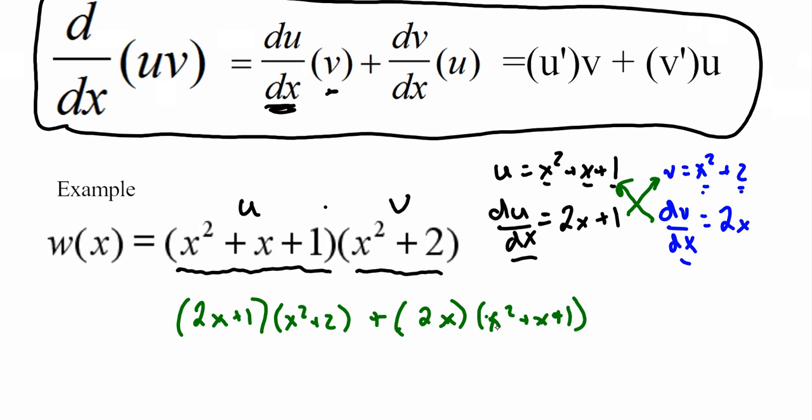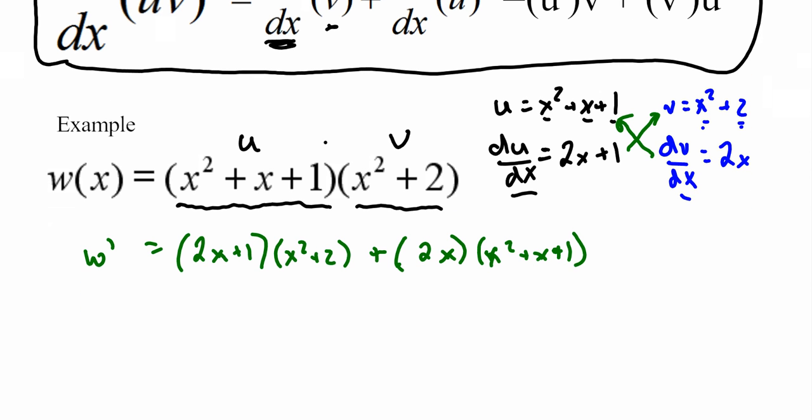From here, we could simplify this, and that's what we would equal w prime. So if you do a little table right here and go u, du, v, dv, and you just multiply them and add them together, that's a little shortcut on how you can solve that.